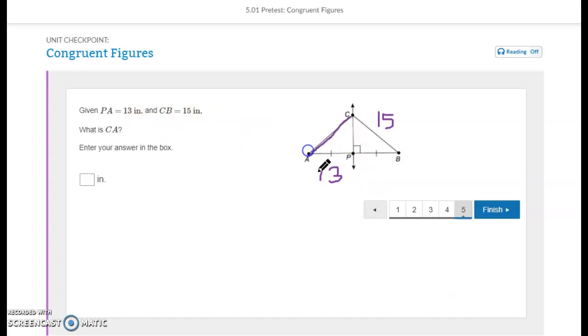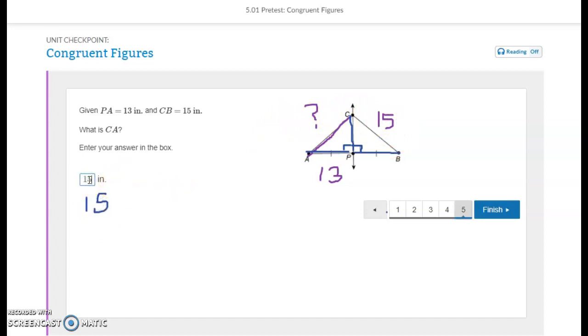You can tell from the diagram that it looks like it's the same size as the 15, and the reason is that those two triangles are congruent to each other, which we can prove. They share side CP, they have this angle here, and they both have a right angle. So by side, angle, side, they are congruent, and the side in question is the same size as the hypotenuse on the other side, which is 15. So the answer to this one is just 15.